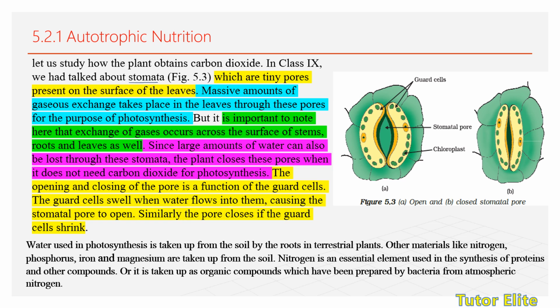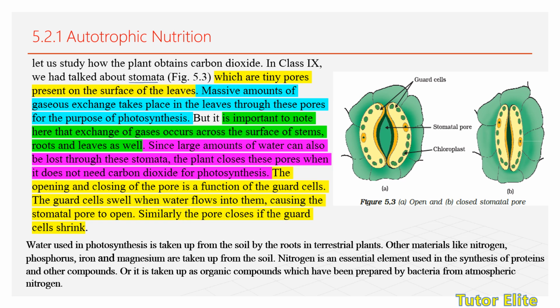Massive amounts of gaseous exchange take place in the leaves through these pores for the purpose of photosynthesis. The stomata present on the leaf play a very important role in photosynthesis.